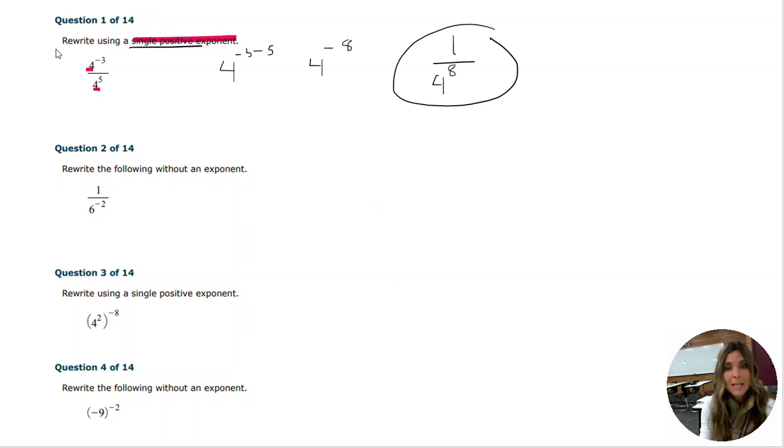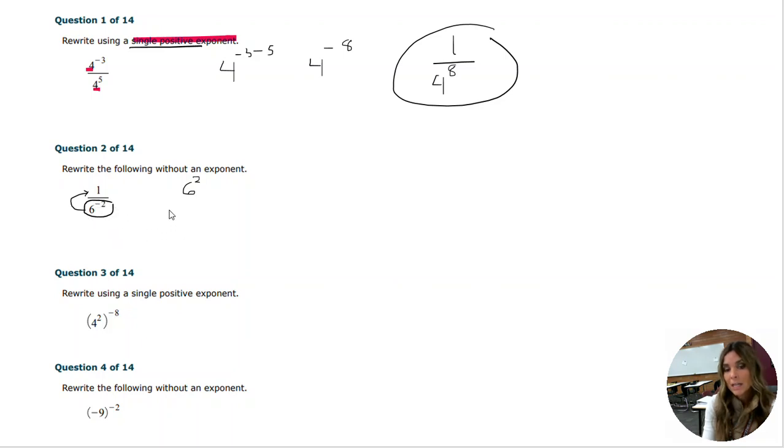Okay, now on the next one, it says rewrite the following without an exponent. And we don't have anything on the top, but we know that if we have a negative exponent on the bottom, if we rewrite this as 6 to the positive 2, those two expressions would be equivalent to each other, because the way that you write an exponent as negative is you would take it to the bottom and you would create a division.